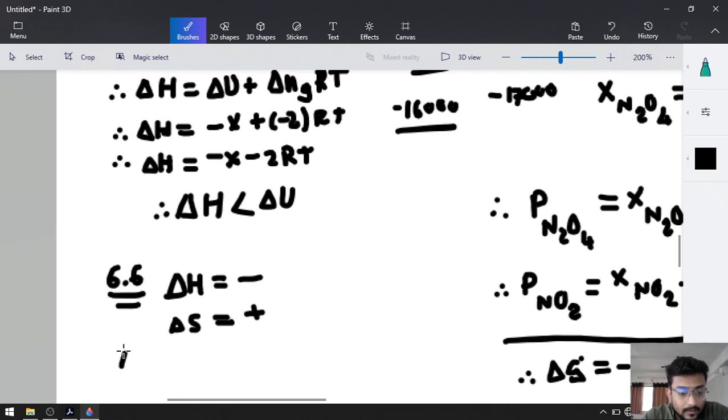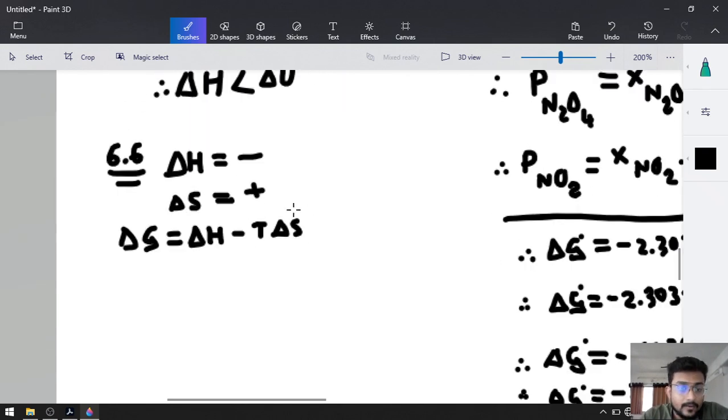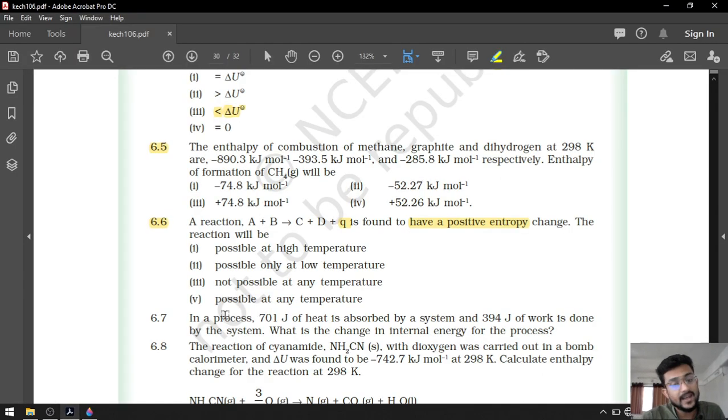Okay, we have the equation delta G is equal to delta H minus T delta S. This will be spontaneous when delta G is negative. Now look at this, delta H is negative and delta S is positive, T will always be positive. So this value is also negative, the answer will be negative. So delta G will be negative at any temperature. So the reaction will occur at any temperature. So it is possible at any temperature.